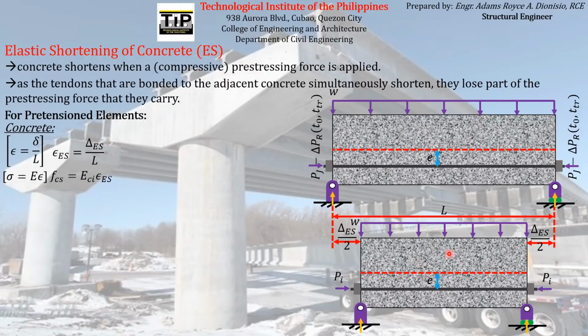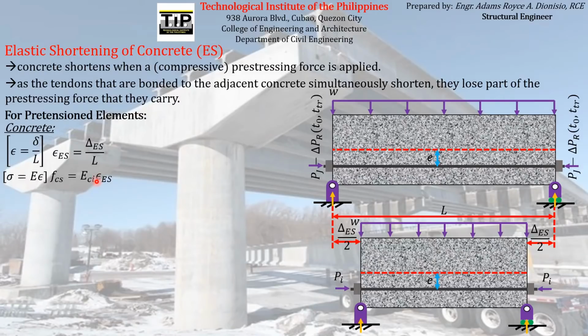And we can see here on the illustration that the deformation that was experienced by the concrete element when the pre-stressing force is transferred is just equal to the sum of these two deformations here, which just equals delta ES. If you will just divide that by the total length of the concrete element, you can already find the strain being experienced by the concrete, which is this.